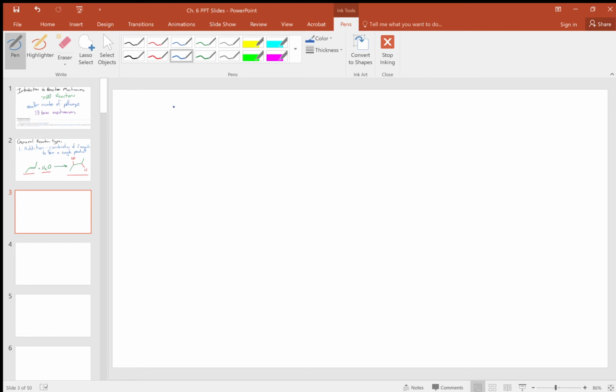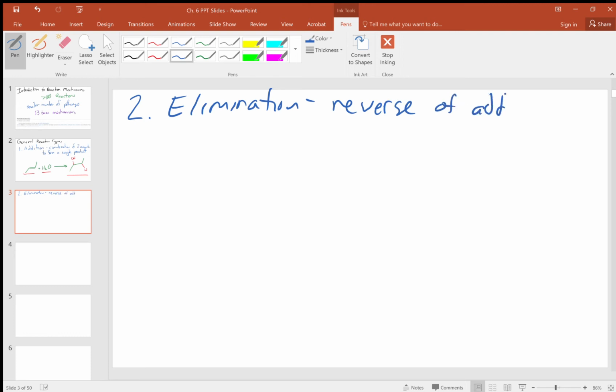We also have the opposite of addition, which is known as an elimination. And so this is, to a large extent, the reverse of addition. And here we split a starting material into multiple products.